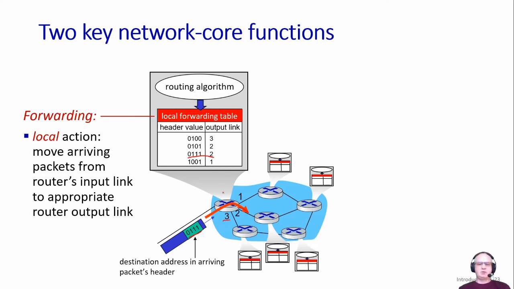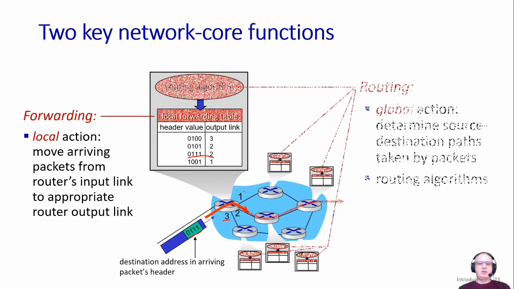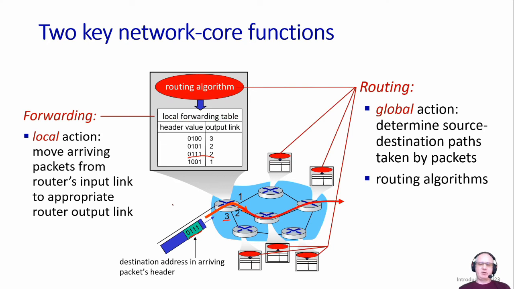Now, how do these routers know which link to use for a particular packet? That is the subject of routing algorithms. Routing algorithms or protocols involve an exchange between these routers, where they agree on where to send packets based on their address. These routers have to learn the topology.